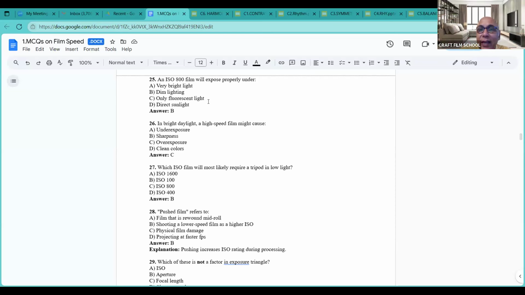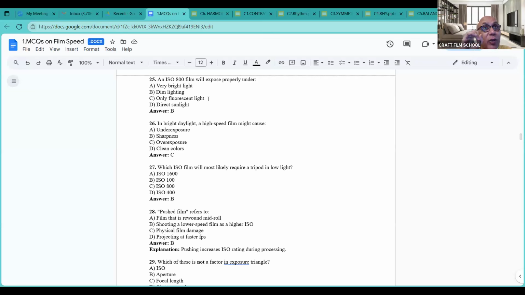Only fluorescent light, direct sunlight, fluorescent light. Now, there can be confusion between fluorescent light and dim light. If the examiner had said fluorescent light, then both would be correct. Then it would become an MSQ, which is not going to be asked now because MSQ is being deleted.